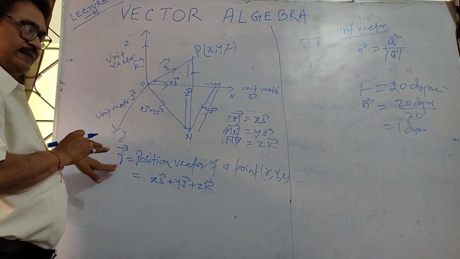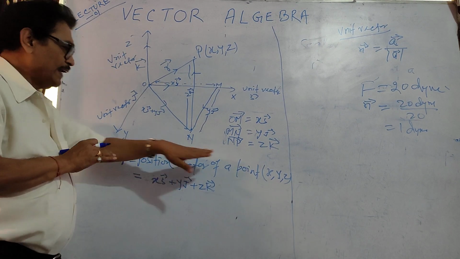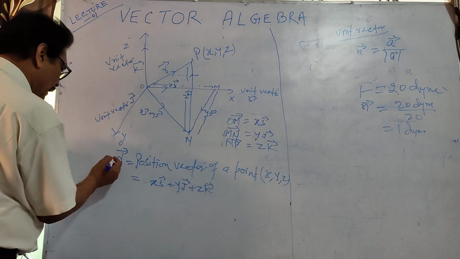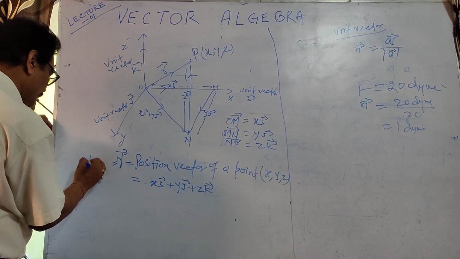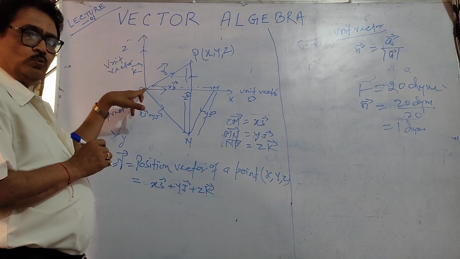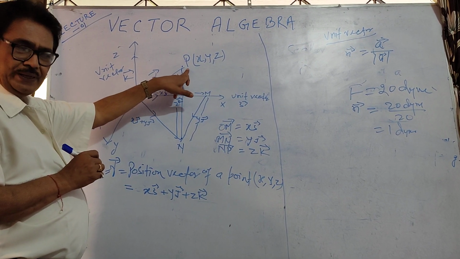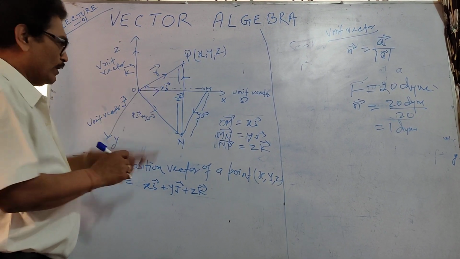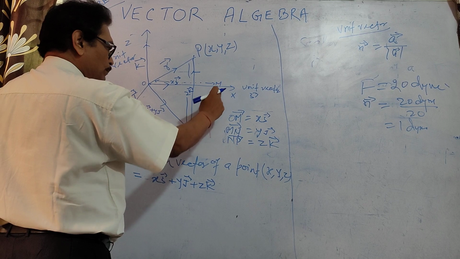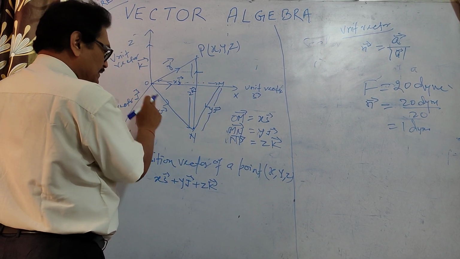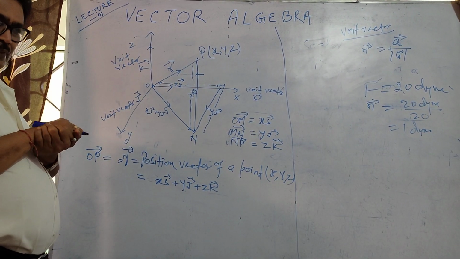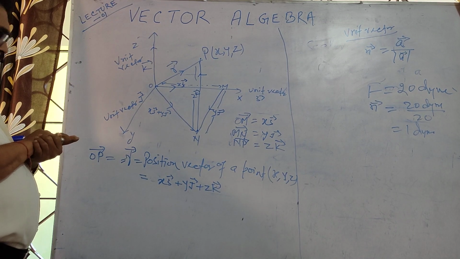So this is the position vector of any point x, y, z, that may be written as r, that is OP. The initial point is O, origin, and terminal point is P. This is the position vector of any point in three-dimensional geometry.